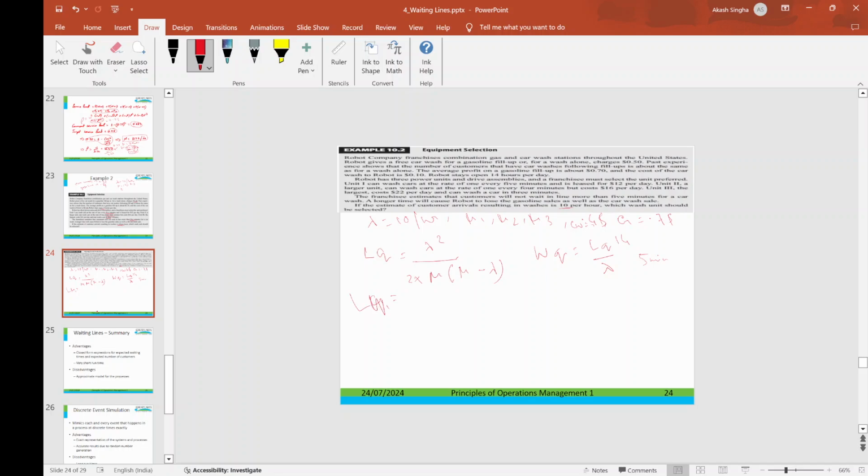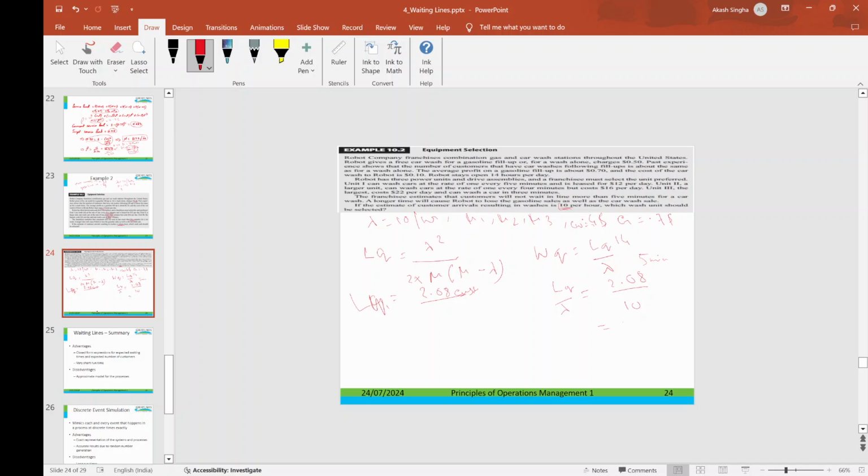If you calculate LQ1, it will come around 2.08 customers. So the average number of customers in the waiting line is 2.08. And the time they will wait in the line is WQ, which is LQ by lambda, equals 2.08 by 10. Whatever the answer will be, it will be in hours, right? Because the formula is given with 10 per hour as the lambda value.